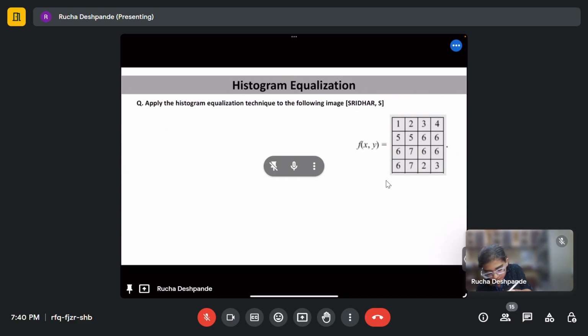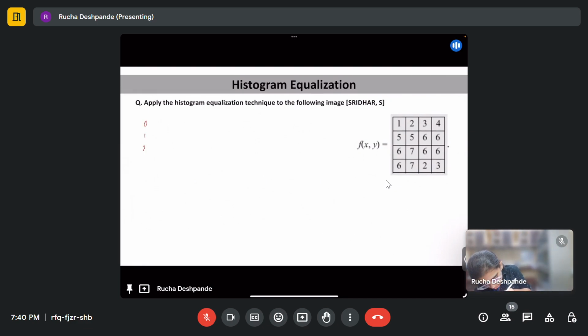So here first we will see how many pixels there are for each value.